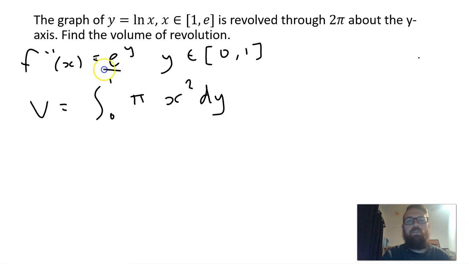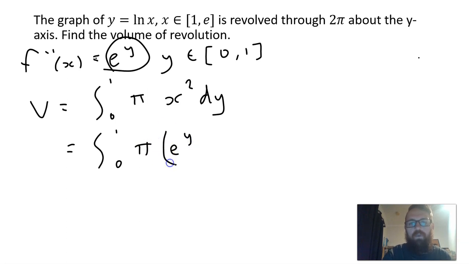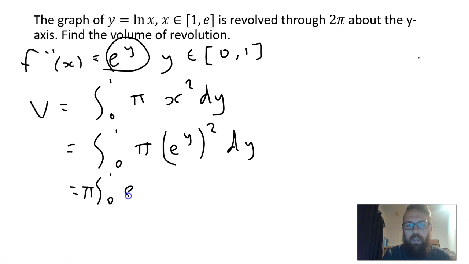We know x is equal to e to the y, so we can substitute that in: we integrate from 0 to 1 of pi times e to the y, all squared, dy. Make sure we substitute for x, but we square the whole thing. Like I said, you can bring the pi to the front. If you square that, the 2 and the y go up in the power by the power rule, giving e to the 2y dy. Now we're ready to integrate.